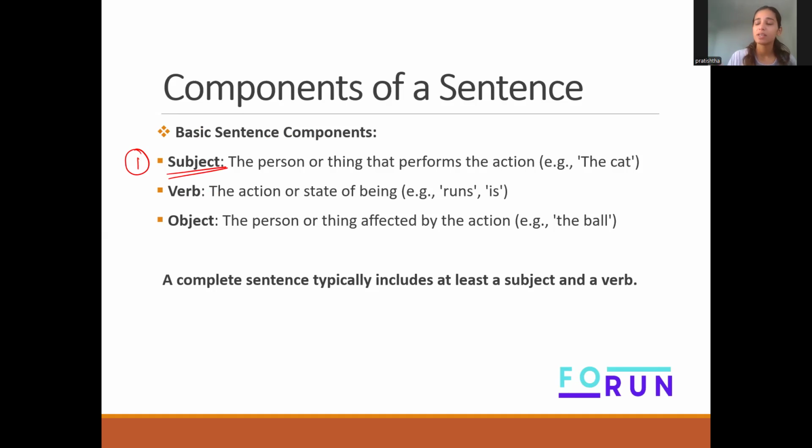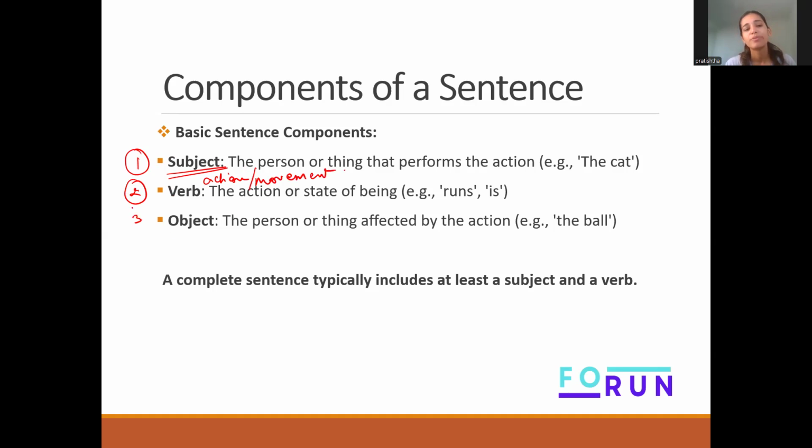So a subject is something that is going to be spoken about. Verb is action. What is that subject doing? If I'm going to talk about something, that thing should be able to do something. There should be a motion, a movement. That movement or action is your verb.